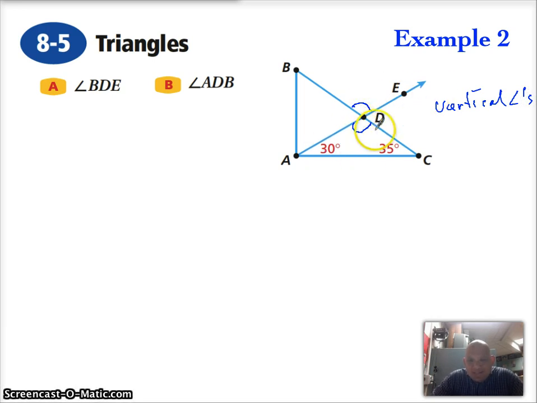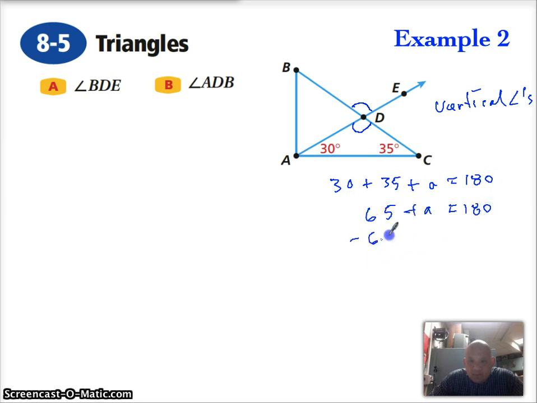So what is this measurement? Well, I know this forms a triangle, so this 30 degrees plus the 35 plus this unknown angle, we'll call it just an angle A, equals 180 degrees. Now I just go ahead and solve for A. I have 65 plus A equals 180.